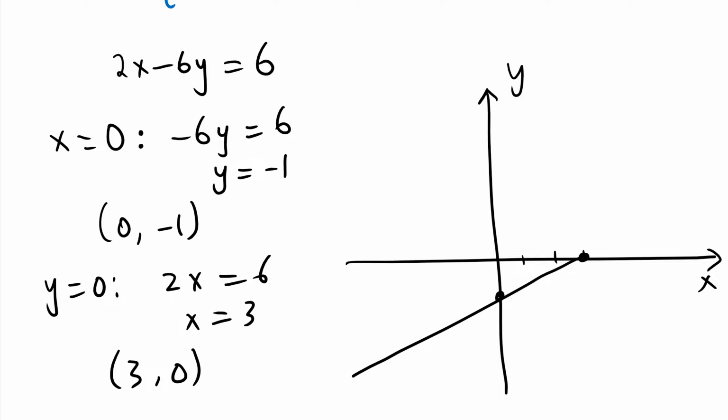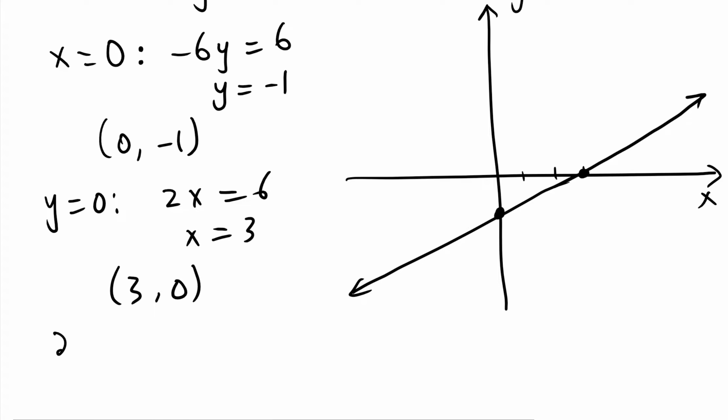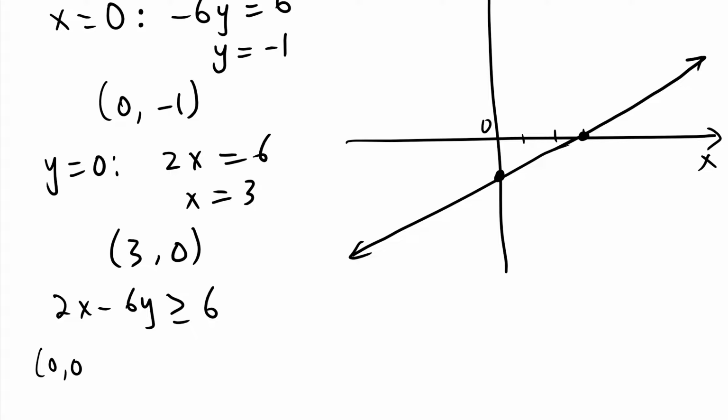So we draw a solid line because it's all equal. And now we have to do shading. 2x minus 6y bigger than or equal to 6. So what we need to do is select a testing point, maybe 0, 0. Substitute that in here. You get 2 times 0 minus 6 times 0.